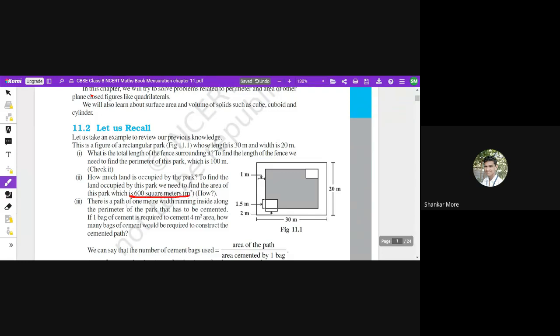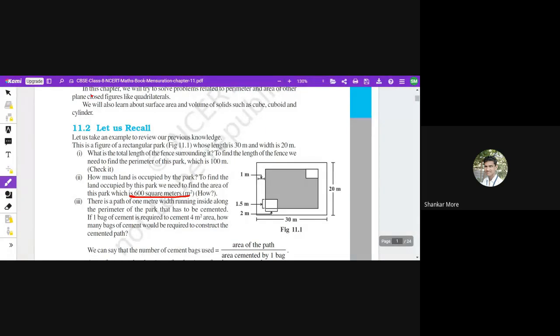So there is a path of 1 meter width running inside along the perimeter of the park that is to be cemented. If 1 kg of cement is required to cement 4 meter square, how many bags of the cement would be required to construct the cemented path?